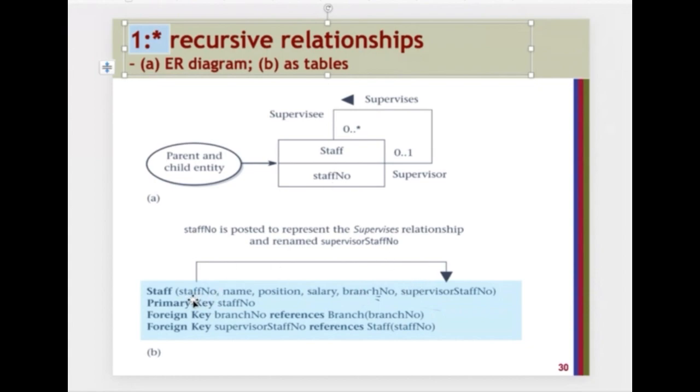What was the primary key here? Staff number. We will copy it again here, now with the name of the relationship. What is the relationship name? Supervision or supervisor and supervisee. So you can call it supervisor staff number. Staff number will be copied here again with another name, because we cannot keep the 2 column names the same. This is not allowed. One column name is staff number. We are copying it here, so we should keep a different name, and we keep it here as supervisor staff number.